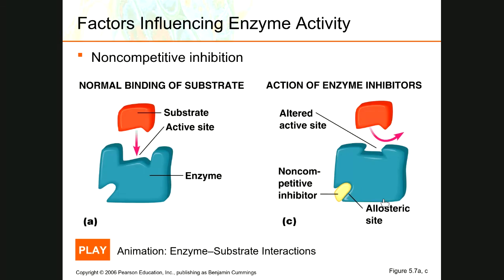Here is an example of where organisms can regulate their own metabolic pathways. Let's say, for example, the cell or the organism has made enough of a particular product. It does not need to make any more product. If the cell or the organism continued to make product that it did not need, what would that waste?